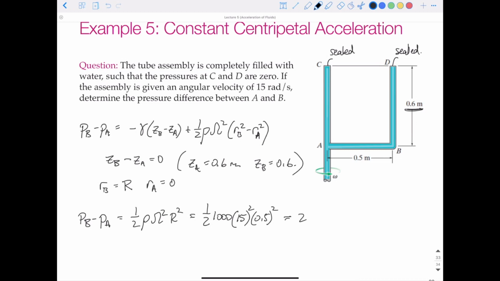And we have left 28,125 pascals. So that's the pressure difference between point A and B.